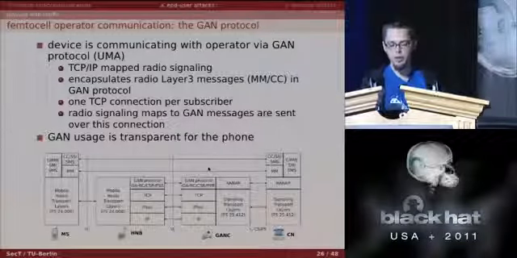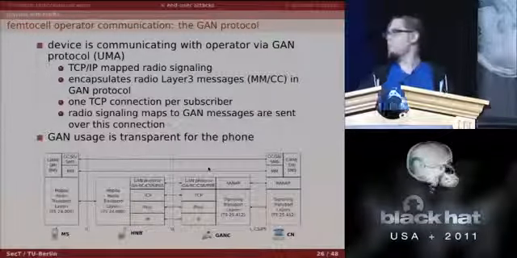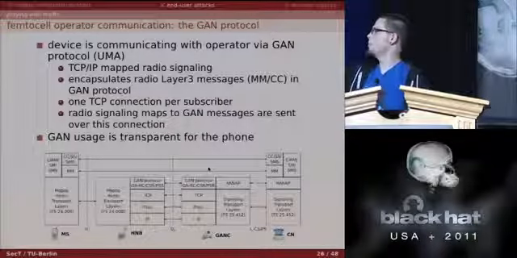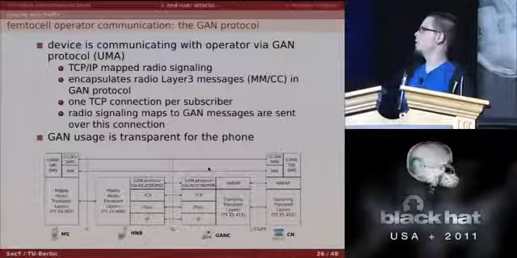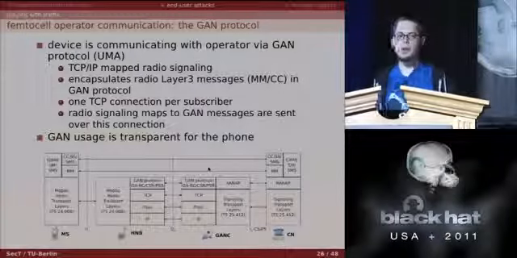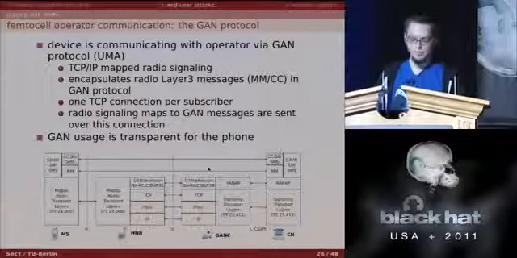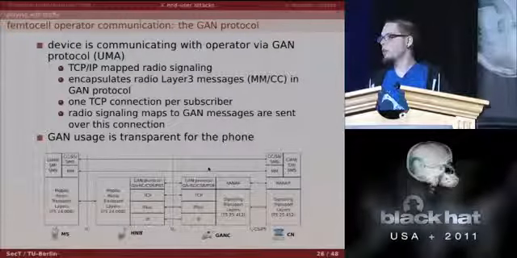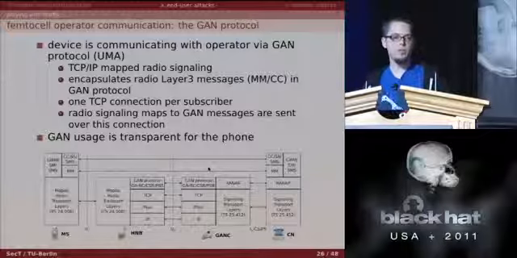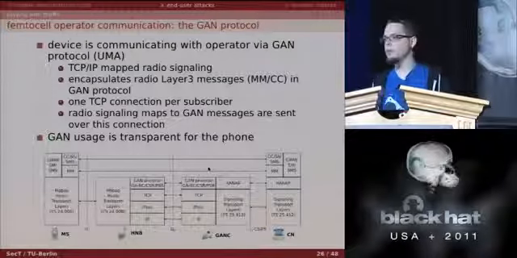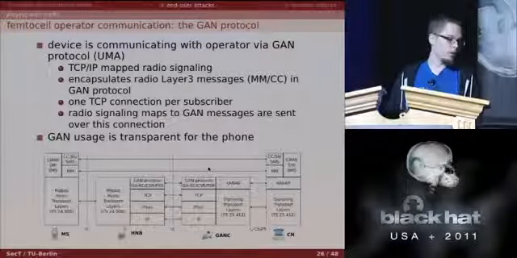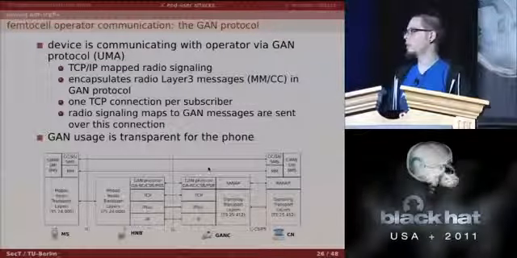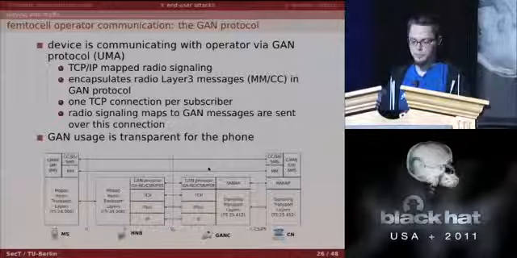What this actually does is map the radio layer 3, the mobility management, the SMS, the call control layer, to a TCP/IP-based connection. For each of the subscribers using the cell, you have one of these TCP connections. Whenever the phone is doing signaling, the Femtocell generates GAN messages and encapsulates this signaling.